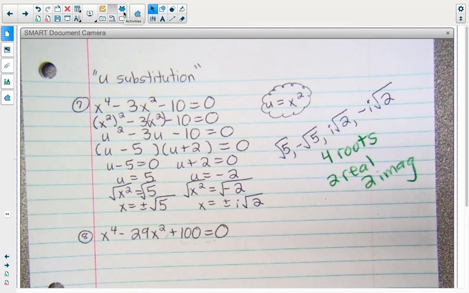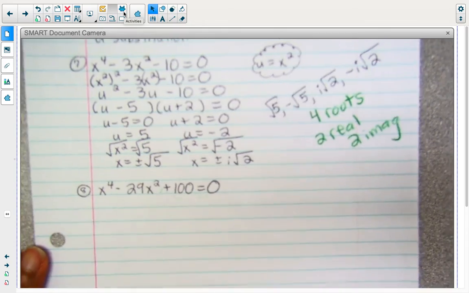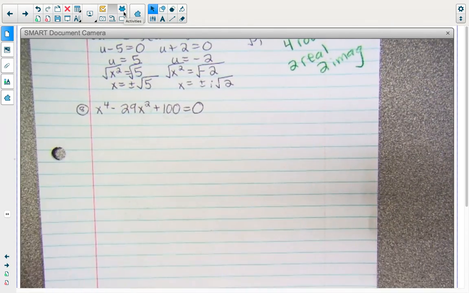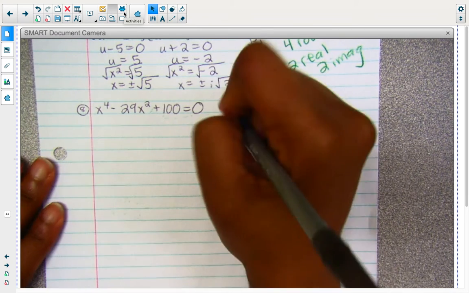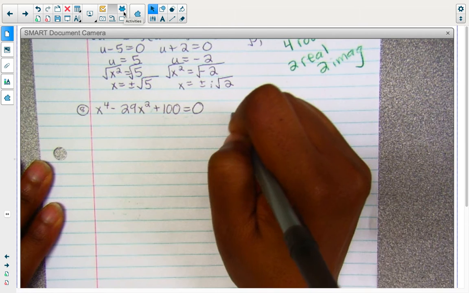Okay, let's definitely go through another one of these. So we're still going to do a u substitution. We're going to change the x to the 4th, we're going to make that be x squared because we're used to working with things that are x squared. So let me go through number 8 the exact same way. We're going to introduce this u, and we're going to make it be equal to x squared.